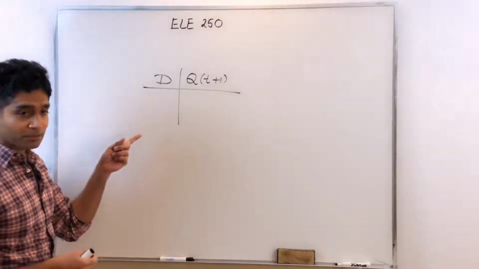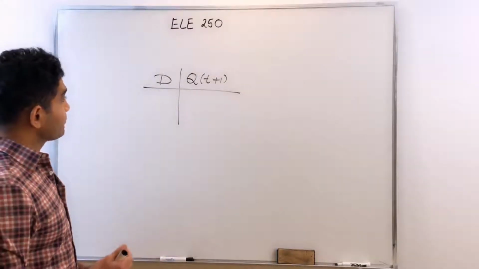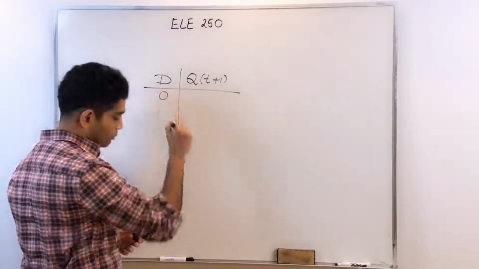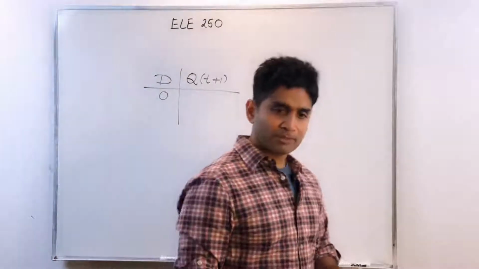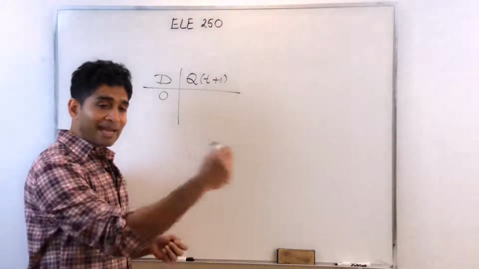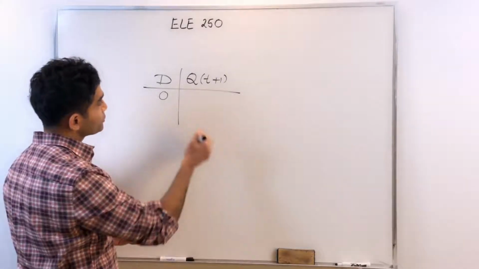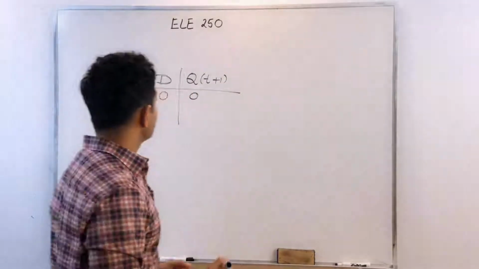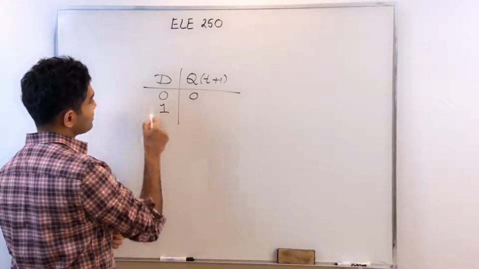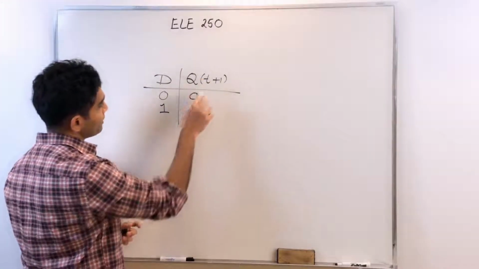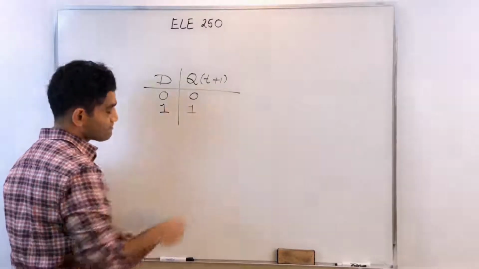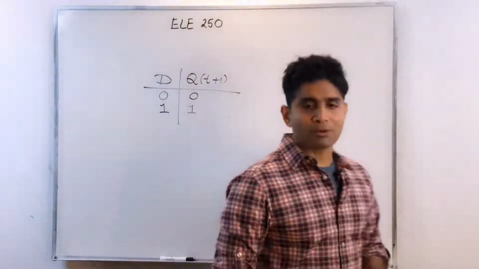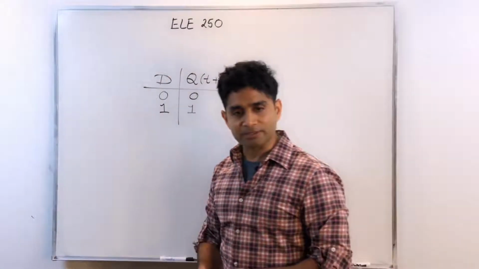So if I put 0 on my D input and wait until the next active edge occurs, my Q follows D. That's how the flip-flop behaves. Likewise, if I put a 1, then at the next active edge, Q(t+1) becomes 1. So you can see that I don't have another state called the memory state for a D flip-flop, the way I've written this.